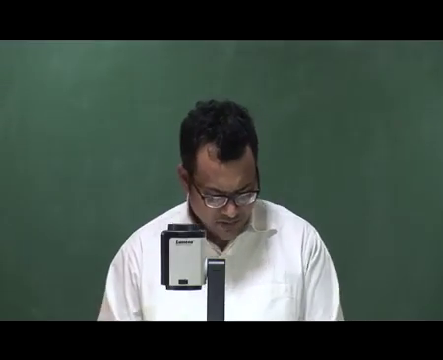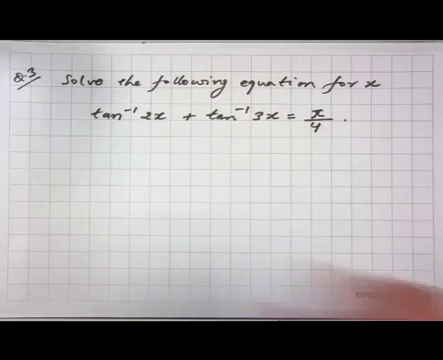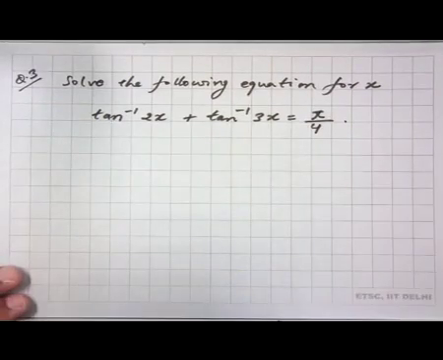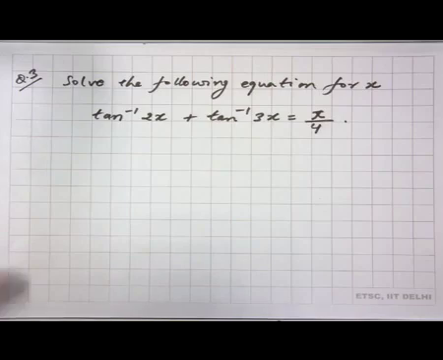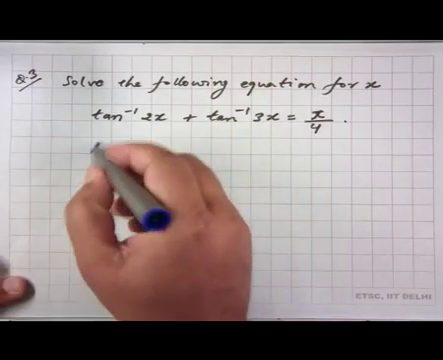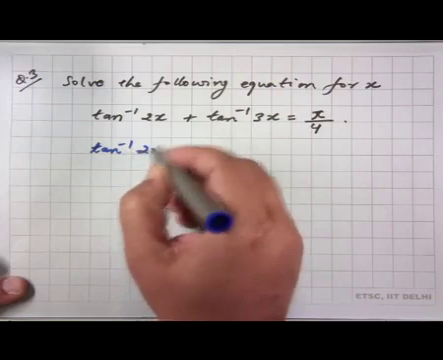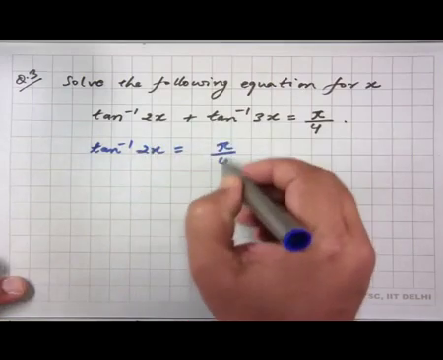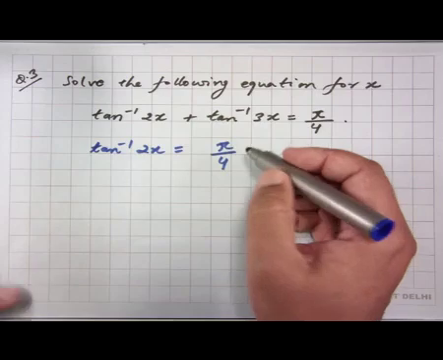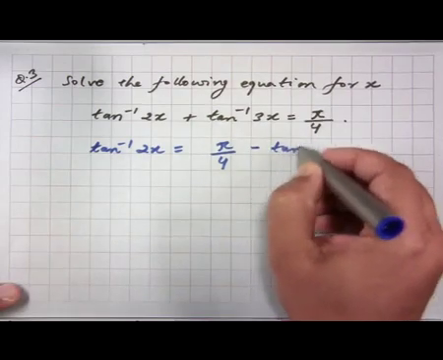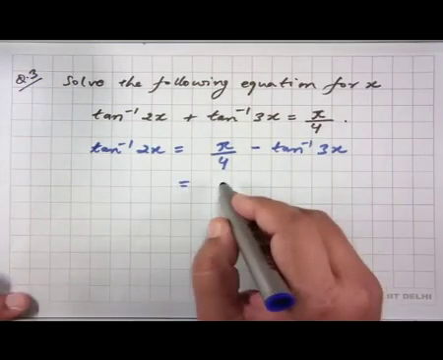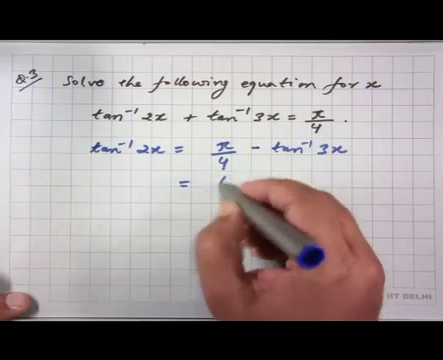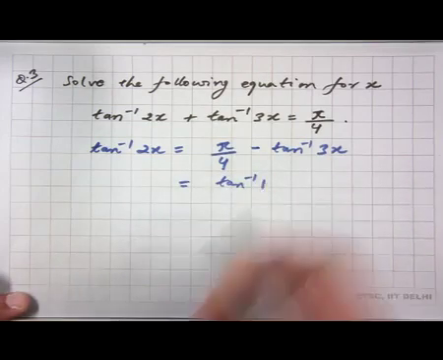In the next problem we are asked to solve the following inverse trigonometric equation. So, we have to find all those values of x which satisfy this equation here. The same thing can be written as tan inverse 2x is equal to pi over 4 minus tan inverse of 3x. But we know that tan of pi by 4 is 1, or rather tan inverse of 1 is pi by 4.